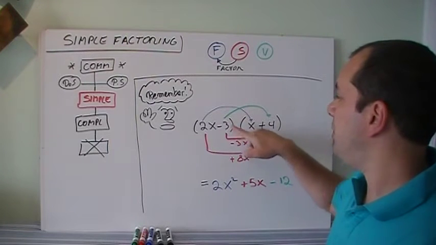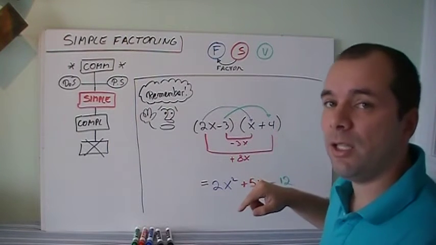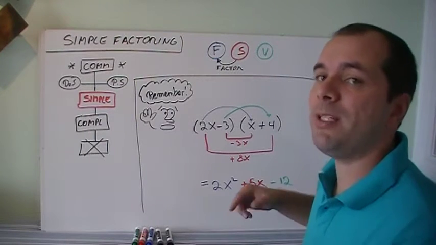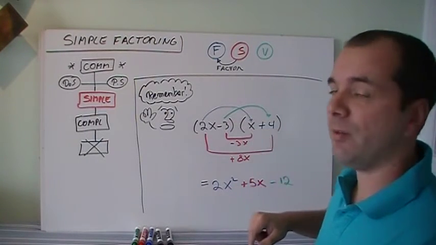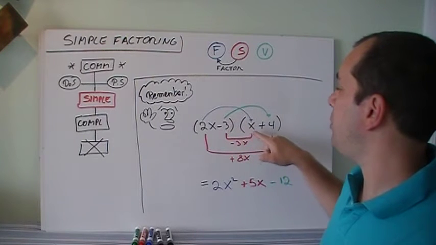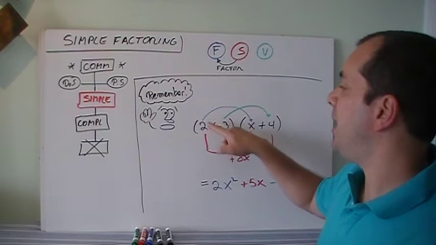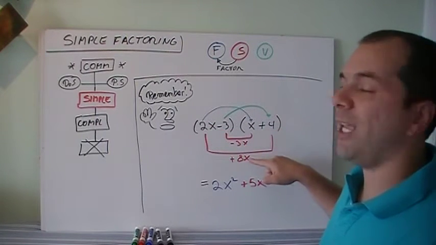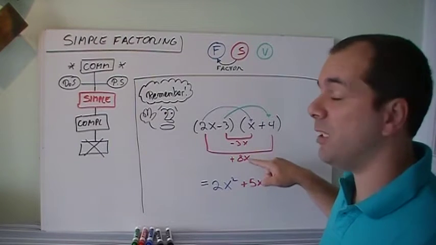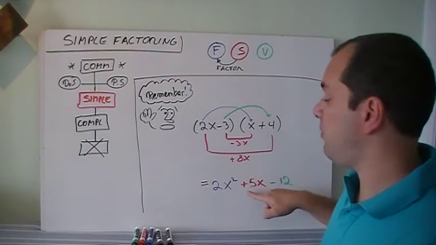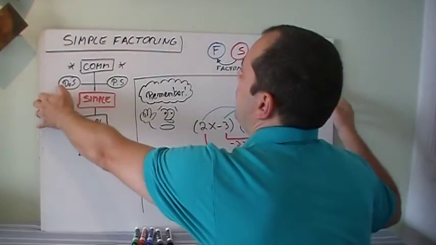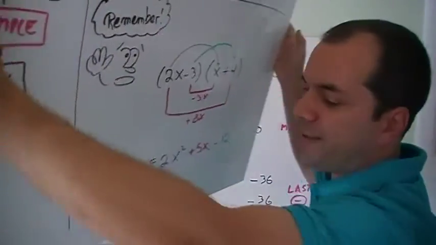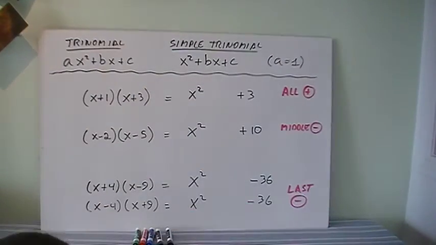And this step, the inside and the outside, done in one step, will help us go backwards, because from now on, I'm going to go from here back to this. So it's minus 3 times x, which is minus 3x, and 2x times 4, which is 8x. And I remember that in my head, and 8x minus 3x gives us plus 5x. Okay? So let's look at how the signs work out with different combinations.